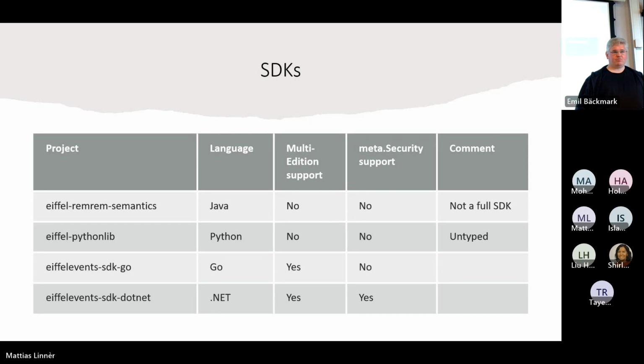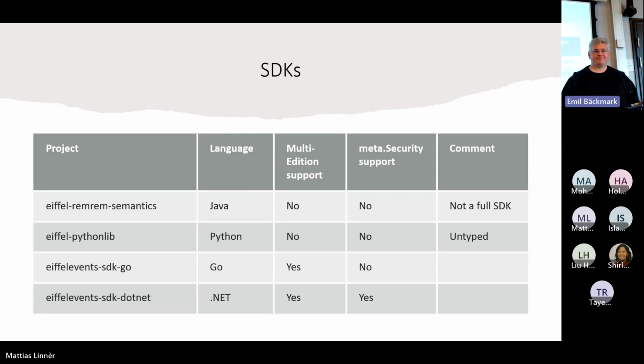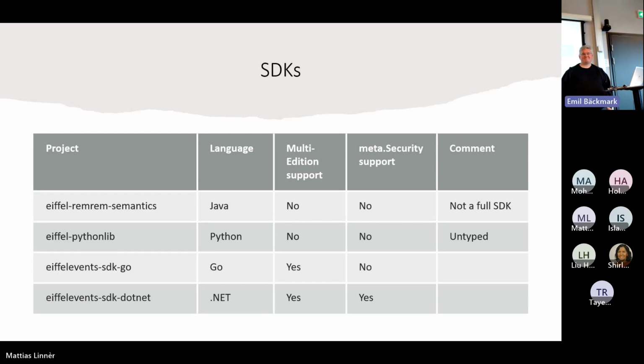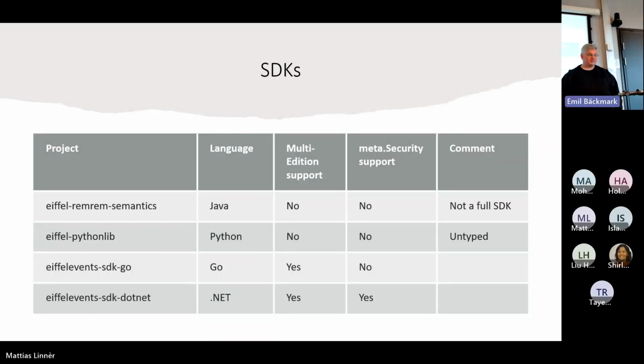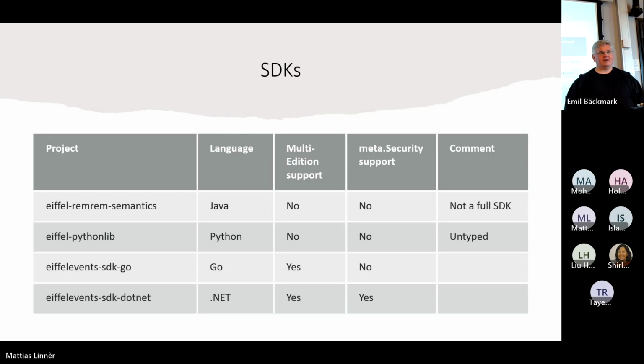When you say that the first ones are not really SDKs, do you mean don't use them, or that they're limited? So, repeating the question: what do I mean by saying the first ones are not real SDKs? It's more of a heads up. If you go into the REM semantics, you can find the messages there, you can send them.